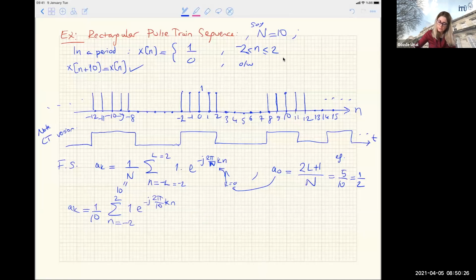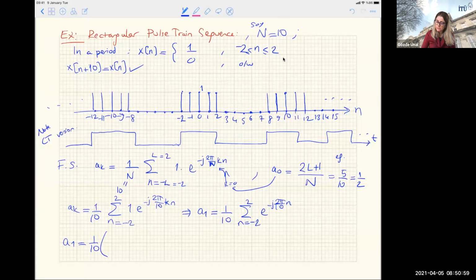Let's do it separately because we have just a set of them, right? For instance, A1 is 1 over 10. I'm going to give this exercise, but let's just do one of them. Maybe k equals 1. I need e to the minus j 2 pi over 10. And you have to now manipulate this sum. So A1 is 1 over 10, right?